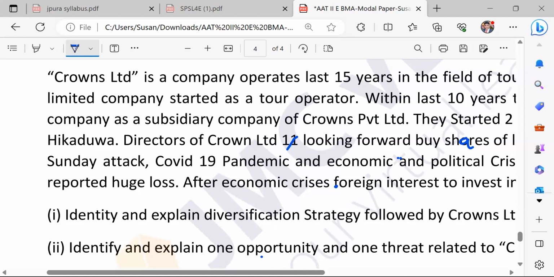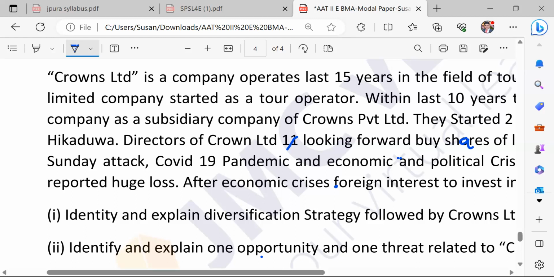Crown faced these, and the company faced a huge loss. Then definitely tourists didn't come in these particular situations.